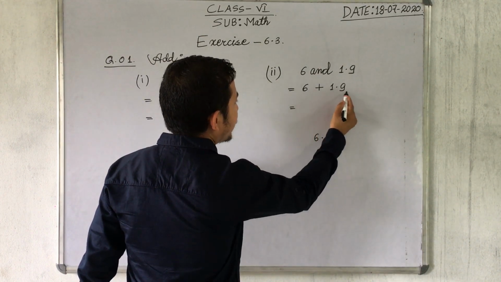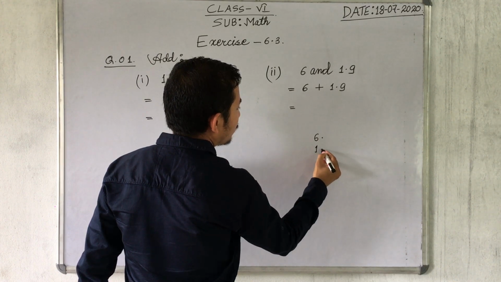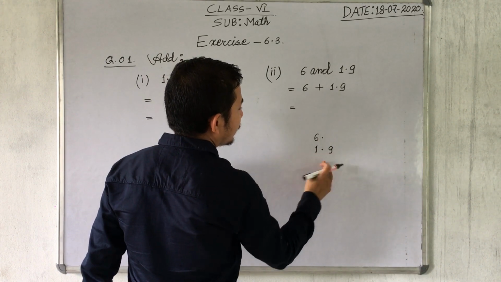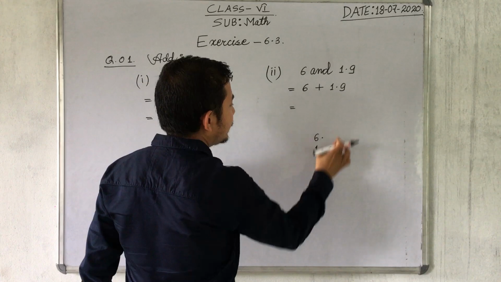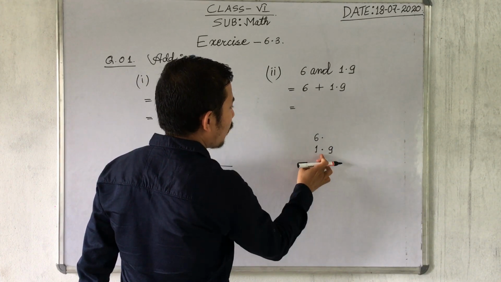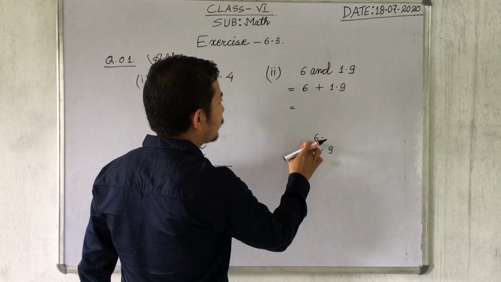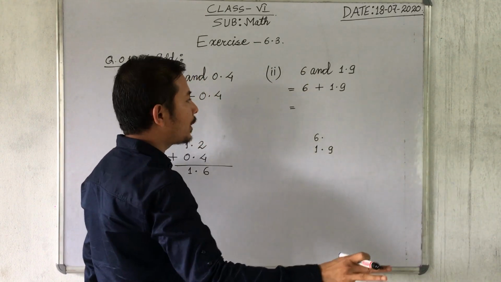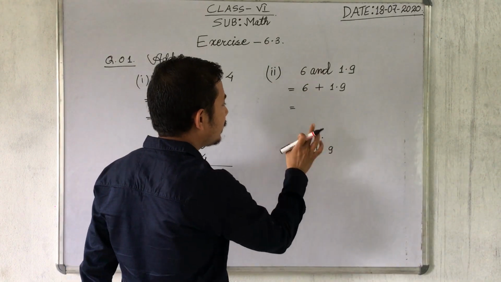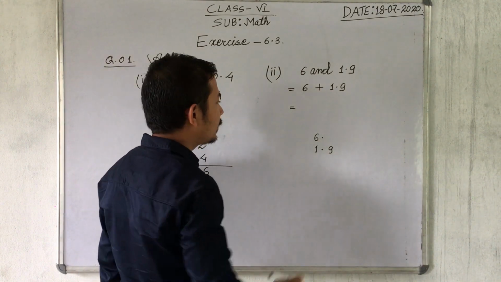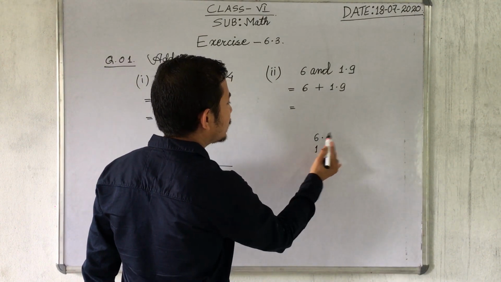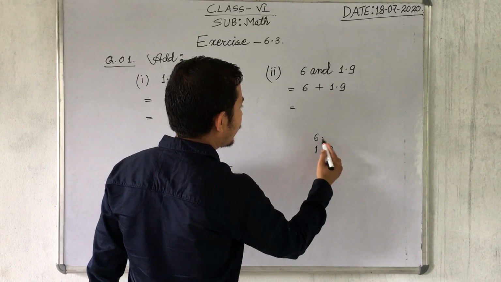And 1.9, 9 is behind the decimal point and 1 is in front of this decimal point. So in front of 6 there is no decimal point. That means you have to understand 6 is a front digit of the decimal. So that's why we can put a decimal point behind, okay.